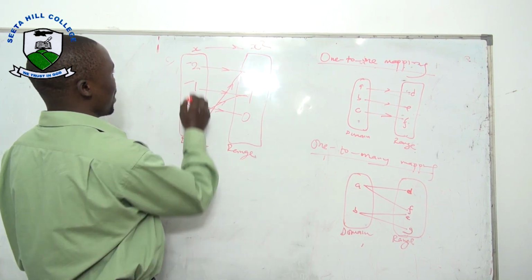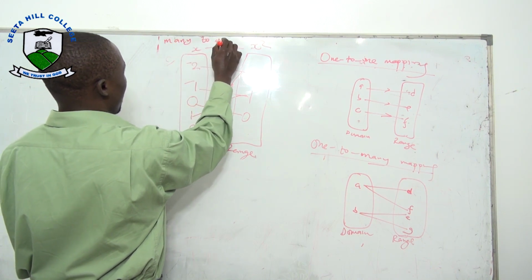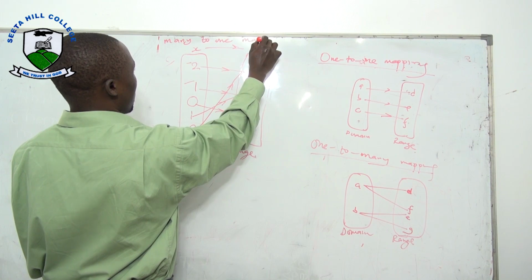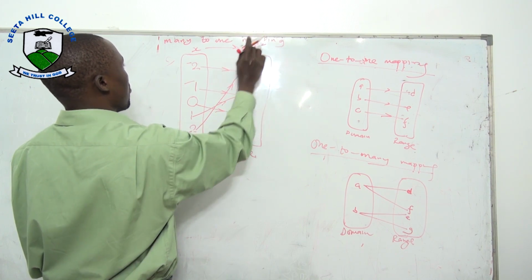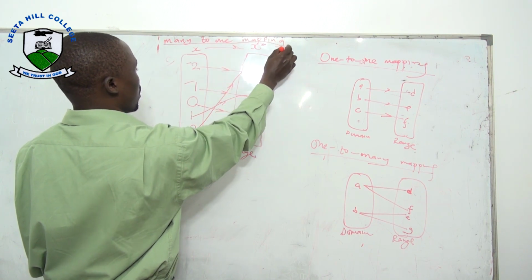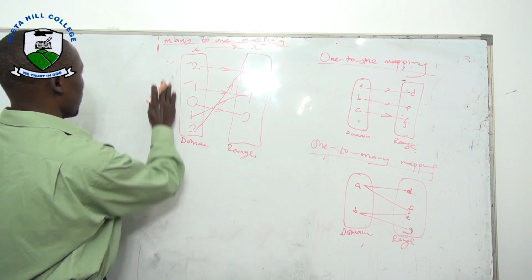Then I will need the many to many. You've told me many to one. Many to one mapping is the one in which more than one element in the domain corresponds to only one element in the range. Okay?